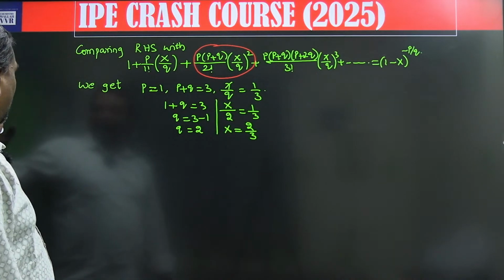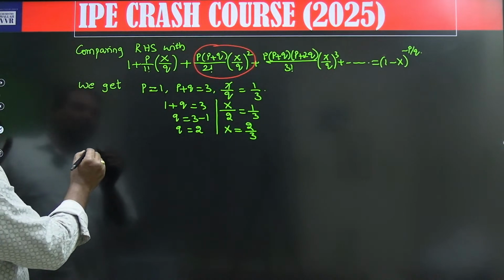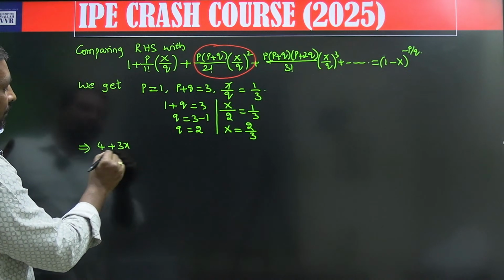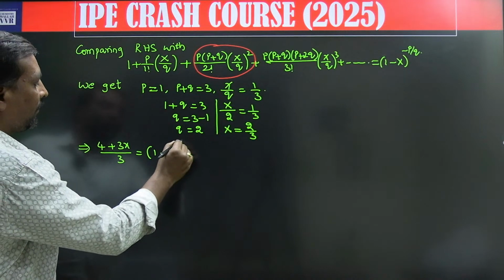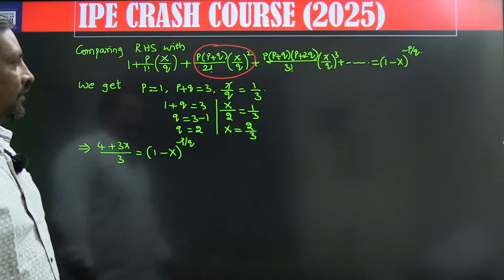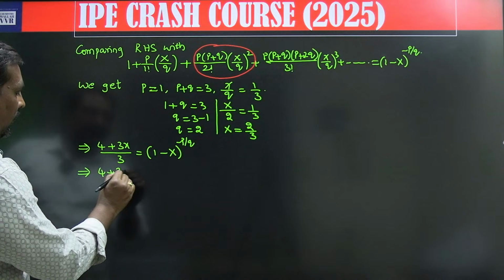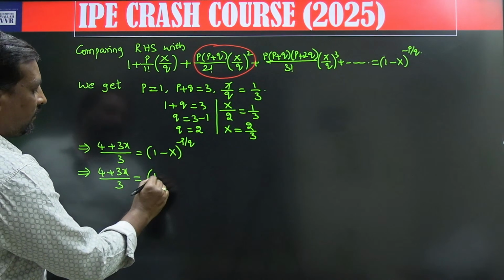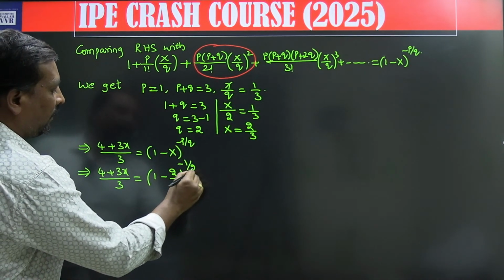Now the left hand side value is (4 plus 3x) by 3, which is equal to (1 minus x) whole to the power of minus p by q. So (4 plus 3x) by 3 is equal to (1 minus 2 by 3) whole to the power of minus 1 by 2.